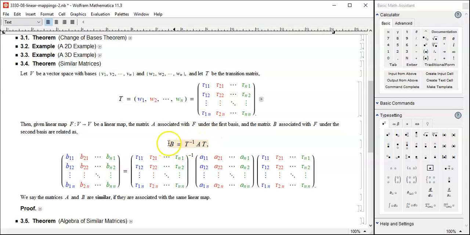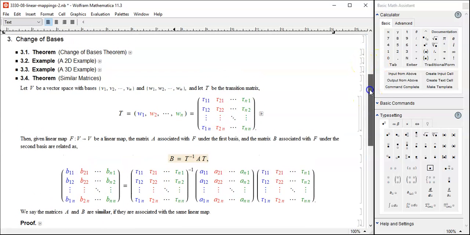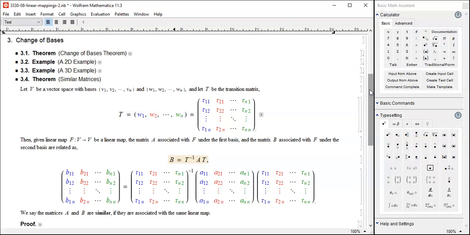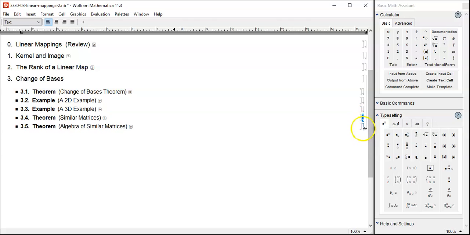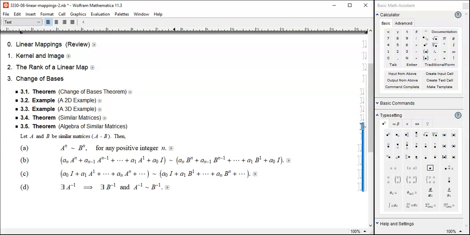And once you have this kind of relation, if a certain invertible matrix T can be found, then we say A and B are similar. A and B being similar means they're associated with the same linear map, so they must share a lot of properties. Some of those properties are here. If A and B are similar, then A to the nth power and B to the nth power are similar, and we proved it.